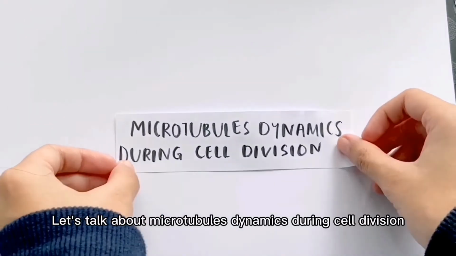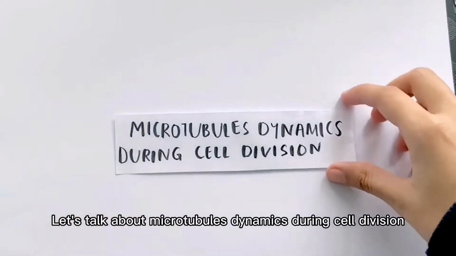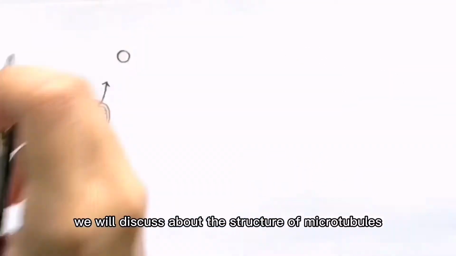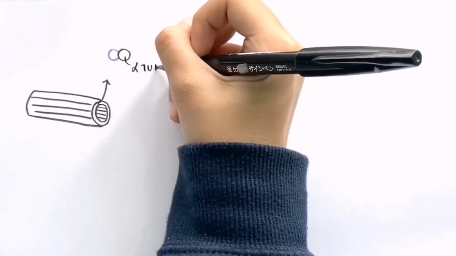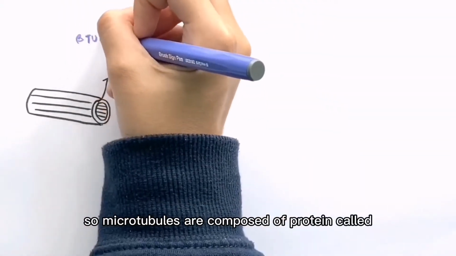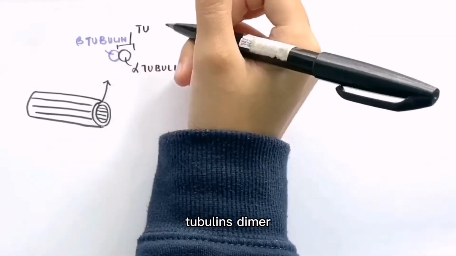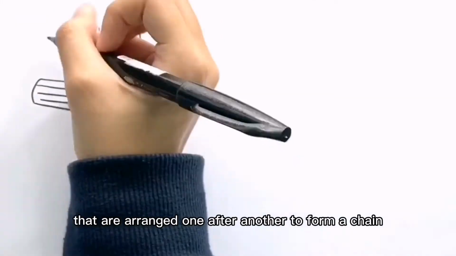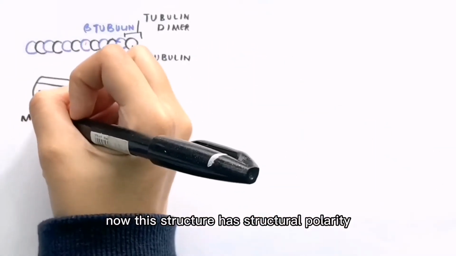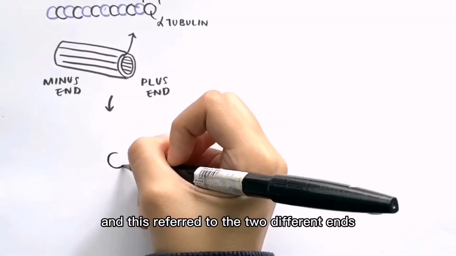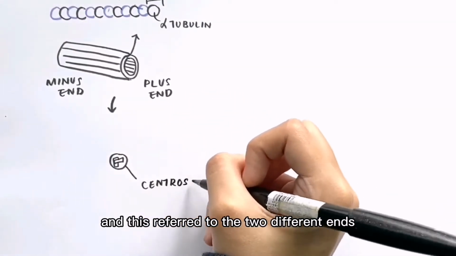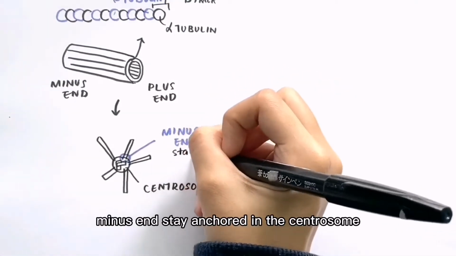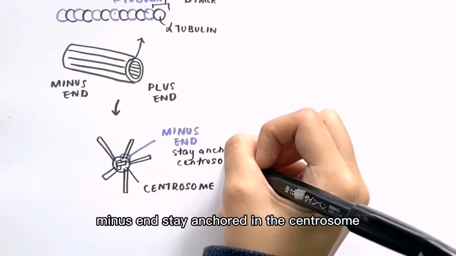Let's talk about microtubule dynamics during cell division, but first we will discuss the structure of microtubules. Microtubules are composed of a protein called tubulin dimer that are arranged one after another to form a chain. This structure has structural polarity, which refers to the two different ends, a minus end and a plus end. The minus end stays anchored in the centrosome.